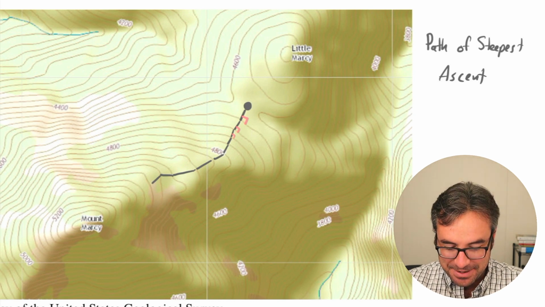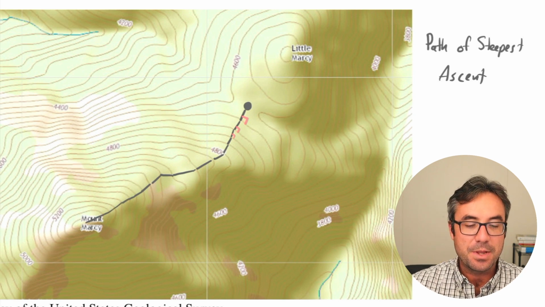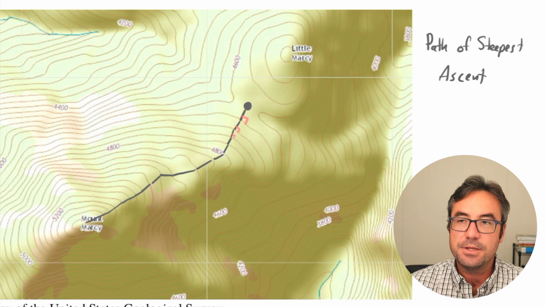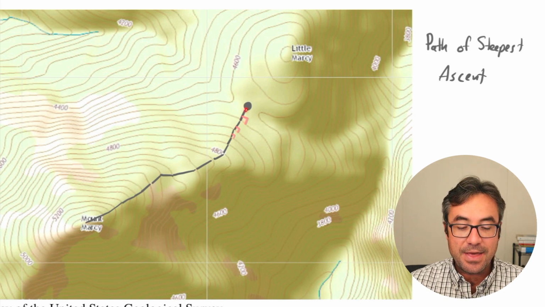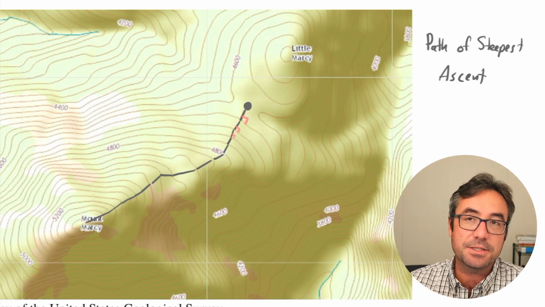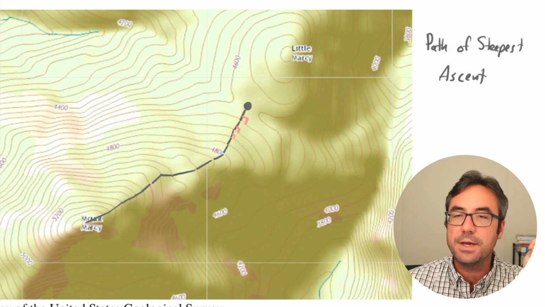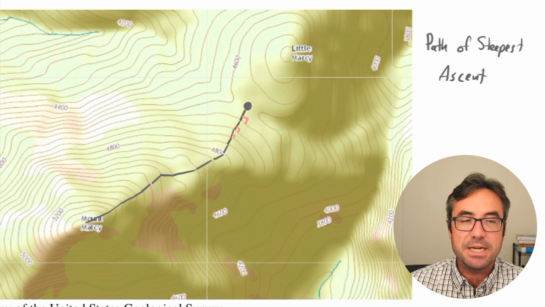As we're going, we keep trying to make our steps perpendicular, and eventually we make our way up. The path of steepest ascent happens when we're always moving perpendicular to the contour lines, and that's the direction our gradient is telling us to go. The gradient tells us where to go so that we're always moving perpendicular to the contour lines.